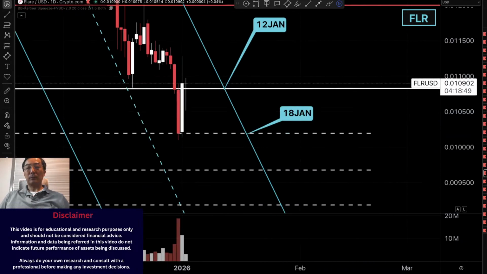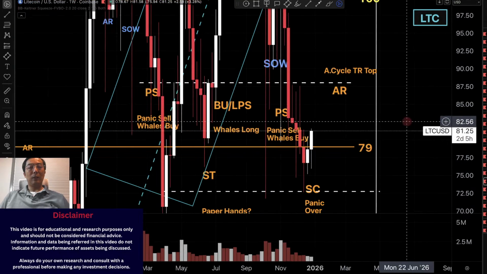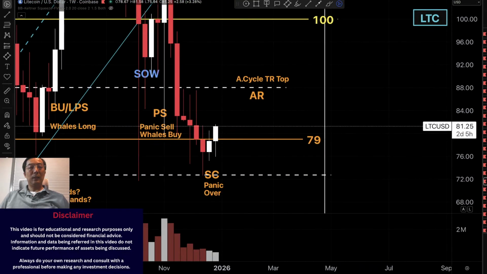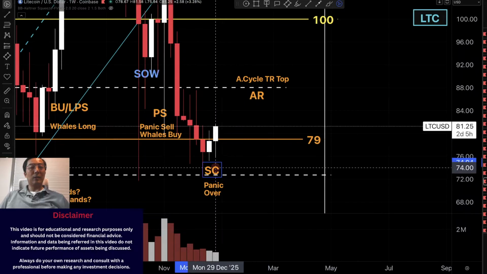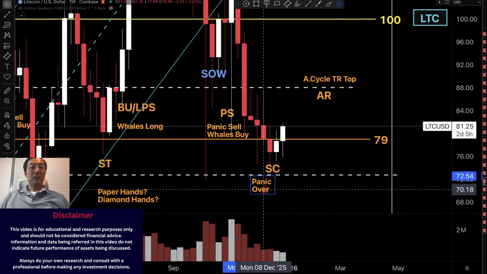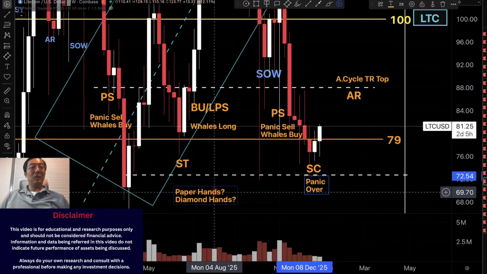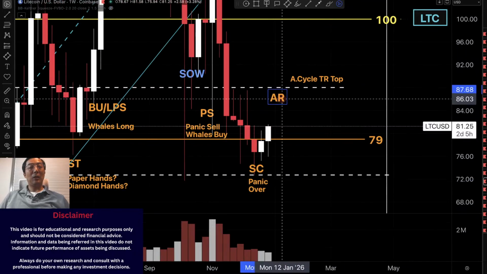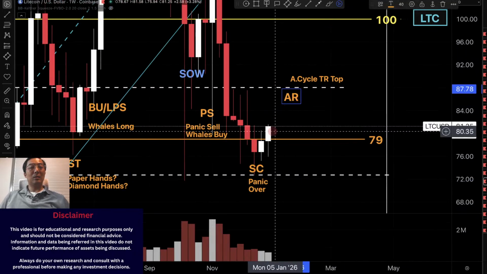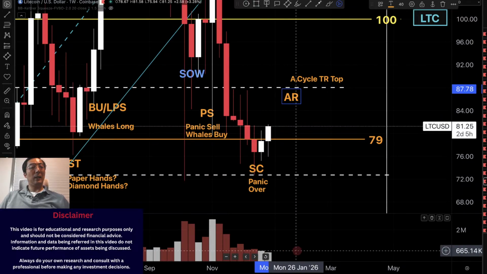Okay, next is Litecoin. For Litecoin, it's very clear. It's trying to stay above the orange key level of $79, and the selling climax period or stage might have surfaced already. And depending on how high this current run is going to go, the volume isn't really that high as of this moment.